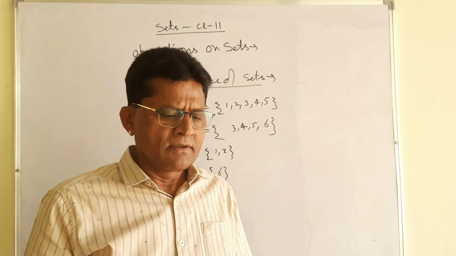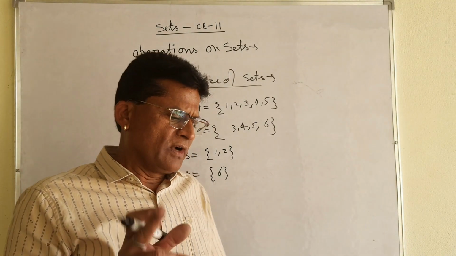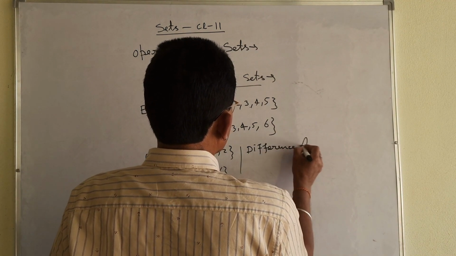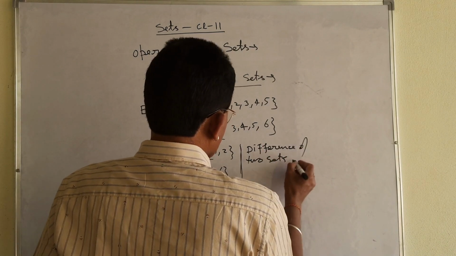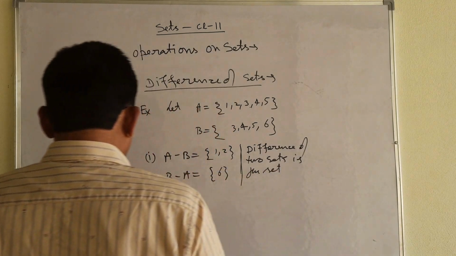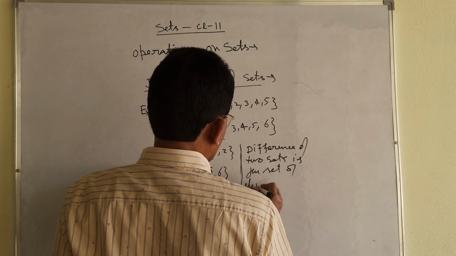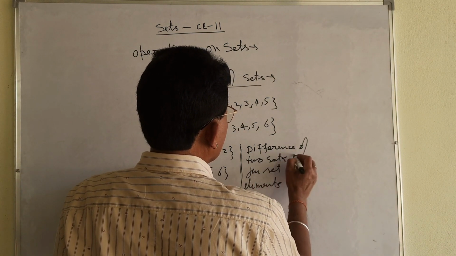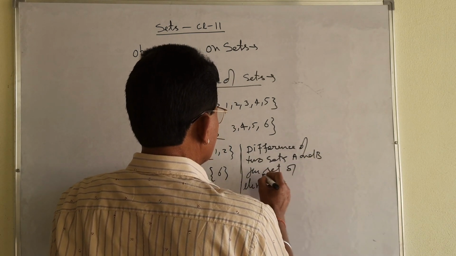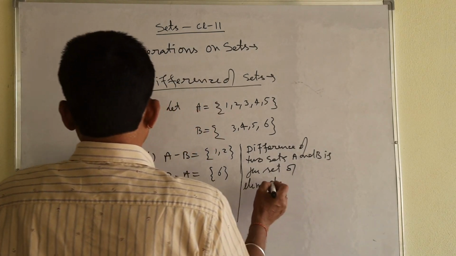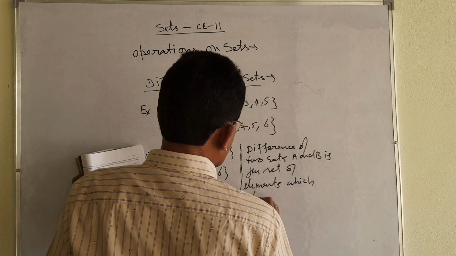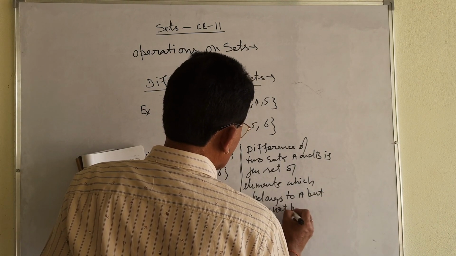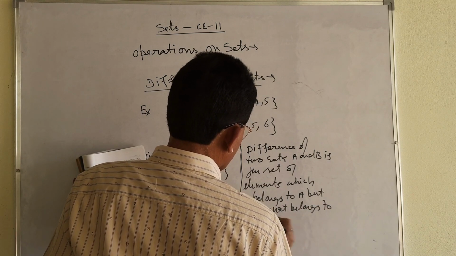The difference of the sets A and B in the same order is the set of elements which belong to A but do not belong to B. I have written the same thing here in words so that the definition will be clear to you.